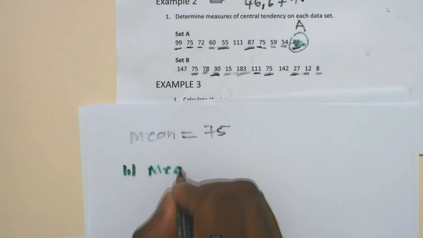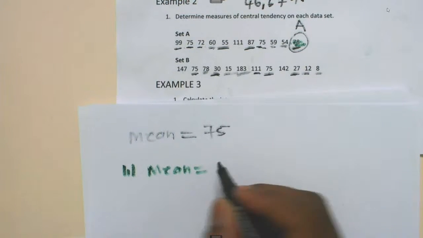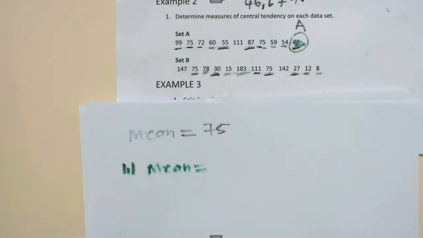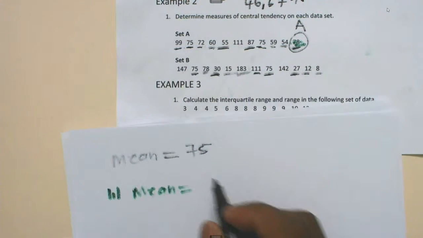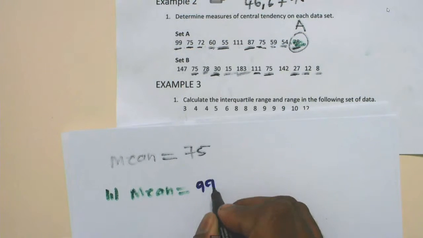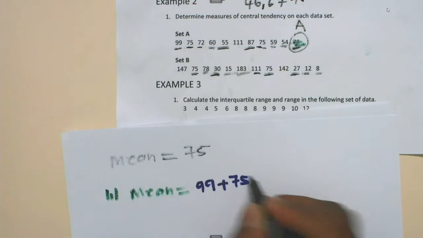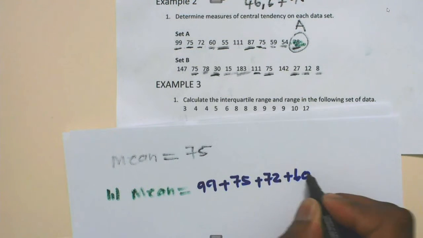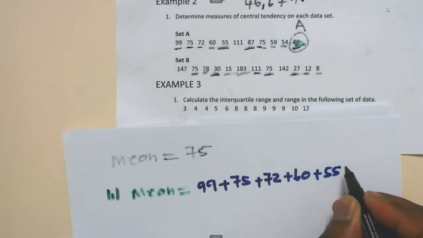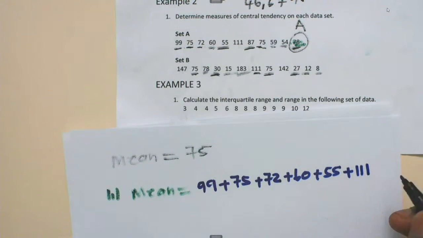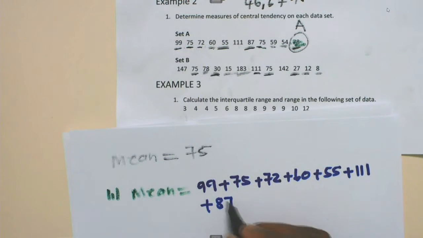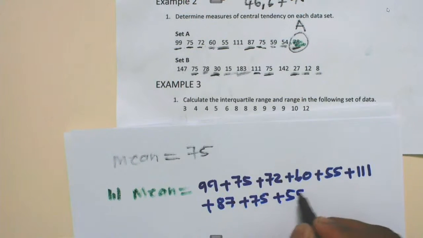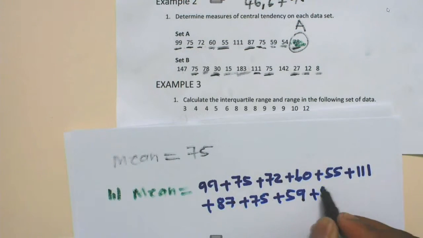We said that the mean is equal to, we add them all: 99 plus 75 plus 72 plus 60 plus 55 plus 111 plus 87 plus 75 plus 59 plus 54.